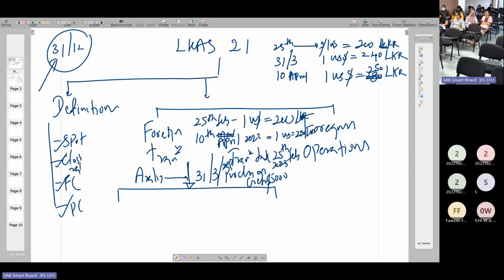First one, settlement after the reporting date. Here, settlement before the reporting date.